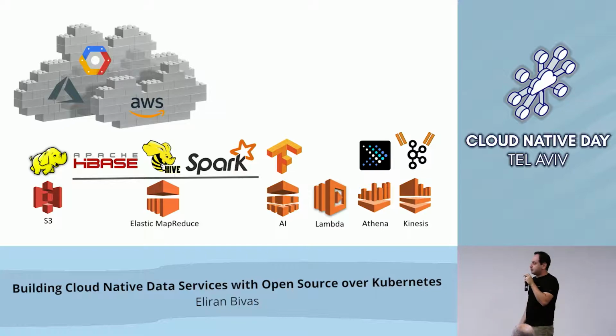We see Elastic MapReduce for analytics services and SageMaker for AI, of course. It's the latest service by Amazon to do TensorFlow and analytics on your data. We see Athena, which is a pre-managed Presto service to query the data. Kinesis, of course, is something like Kafka, but it's actually not.